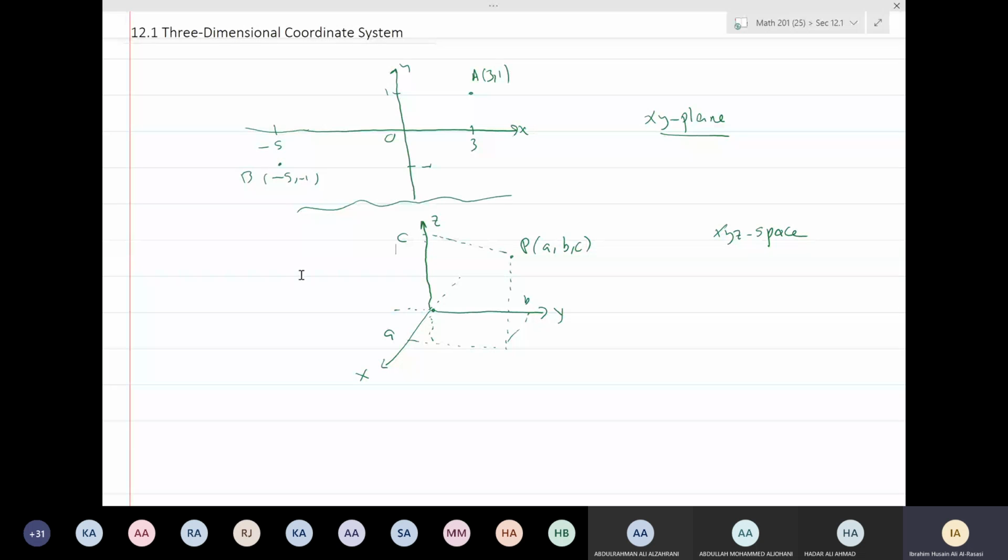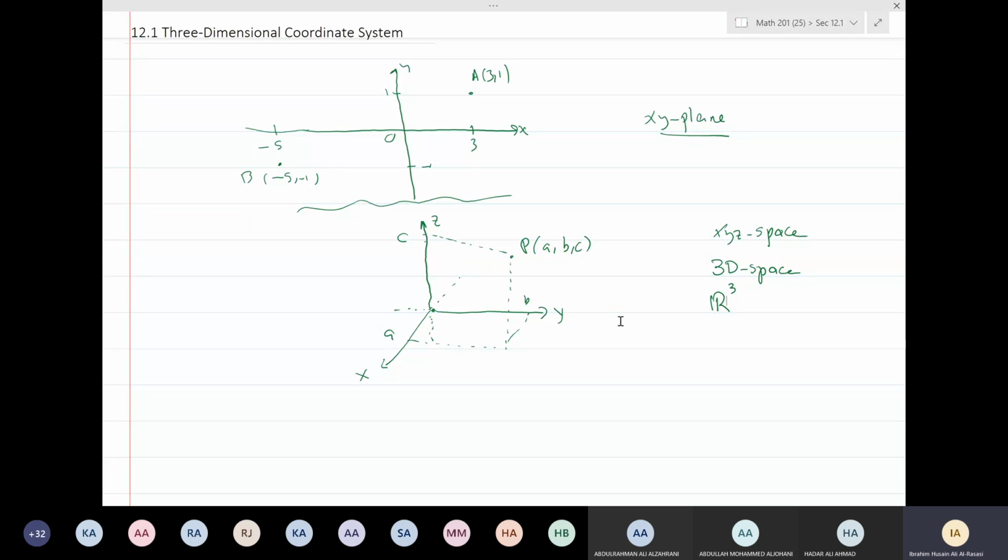Now, this is called the XYZ space, or a 3-dimensional space, a 3D space, which explains the title: 3-dimensional space, or we call it R3. 3 because each point is described by 3 numbers, A, B, C. And the 3 numbers are real numbers, 3 real numbers.